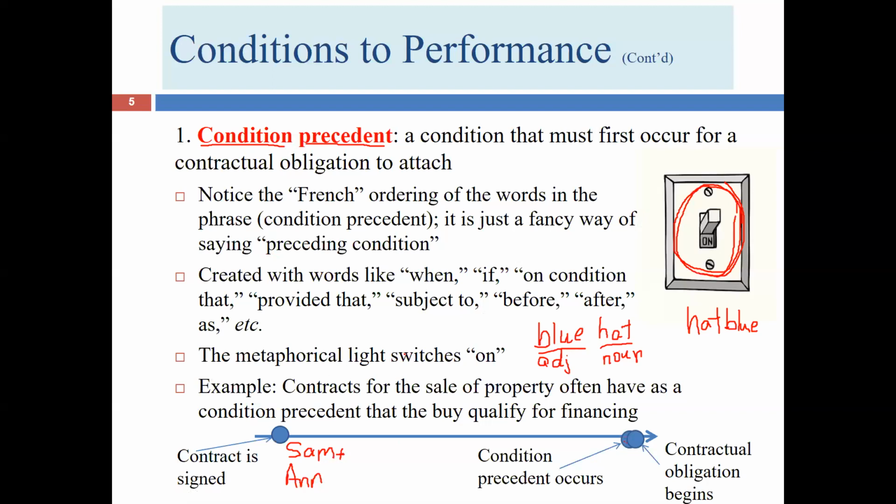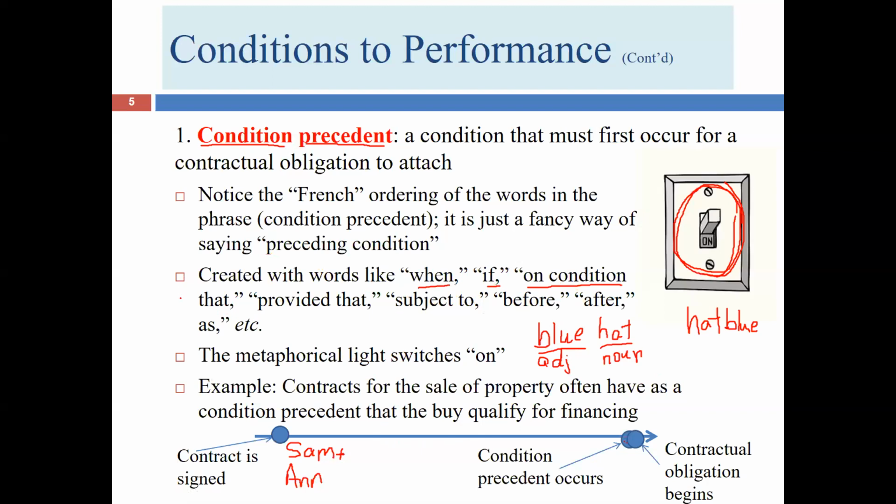So the words to look for when you're evaluating condition precedent are words like when or if, on condition that, provided that, subject to, before, after, etc. So you could say, if Anne is able to secure financing, she agrees to buy Sam's house for $200,000.